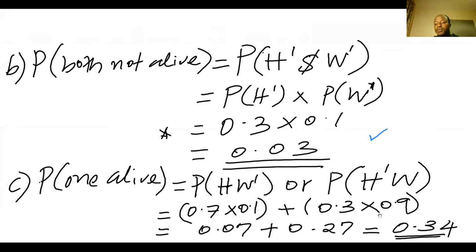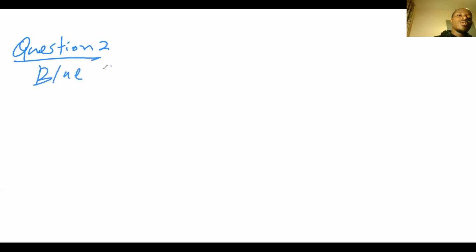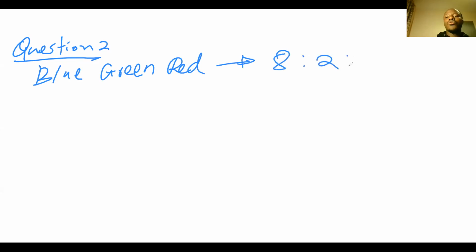So number 2. We have a bag that contains blue, green, and red, in the ratio 8:2:5 respectively.